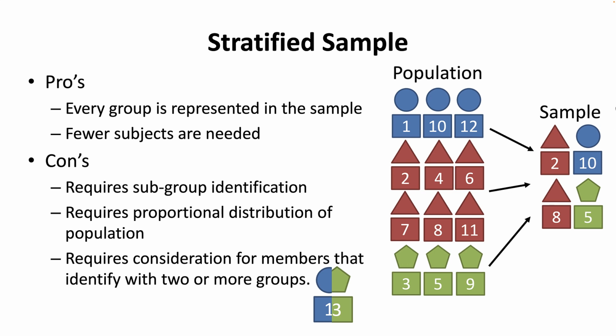So you either have to force the members of your population to pick one category, or you'd have to create a third grouping, which would be like the blue-green group. So remember for the stratified sample that it's a few from all, a few members of all groups.